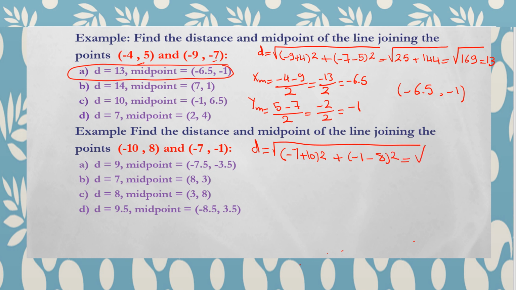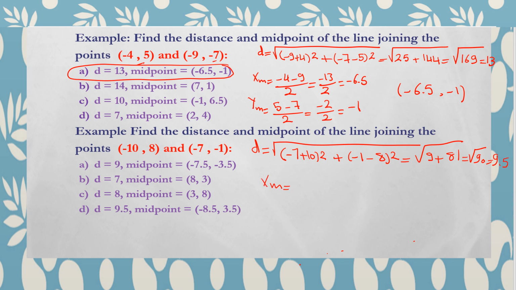This equals -7 plus 10 equals 3, 3 squared equals 9, plus (-1 minus 8 equals -9) squared, 81. The square root of 90 equals 9 and a half.